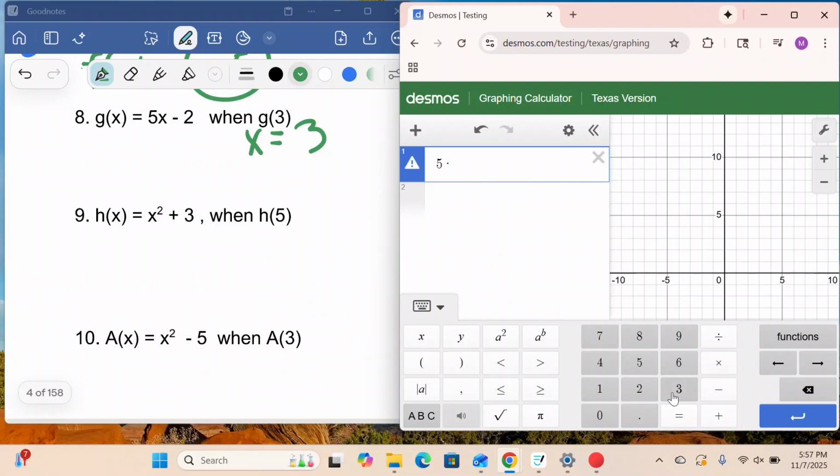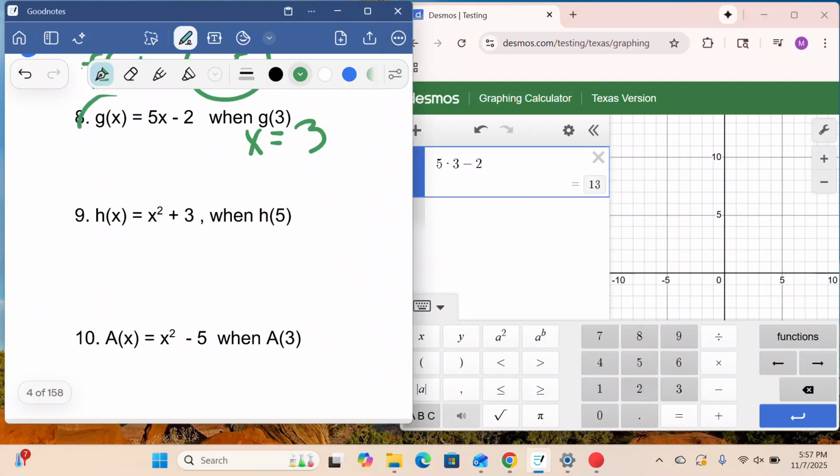The value of x is 3, minus 2, equals 13. So the value of g of x is equal to 13. So just by understanding how to plug it into Desmos, it will pop out our answer right away without even knowing the order of operations, even though we know multiply comes before addition and subtraction.